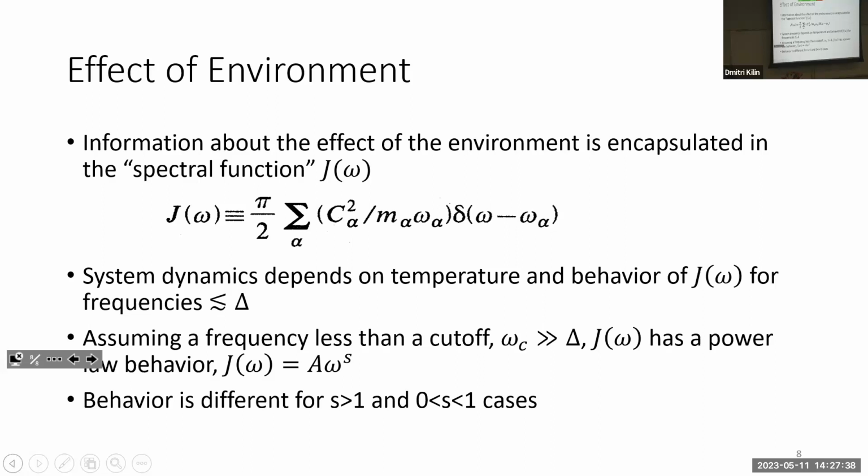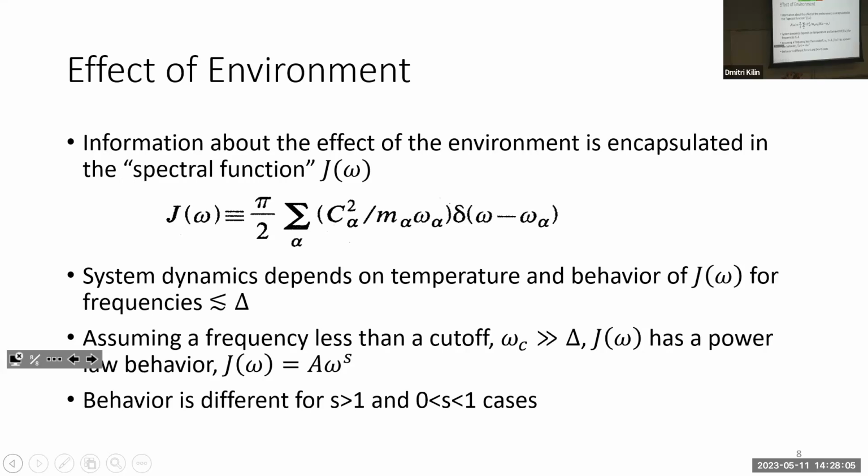It depends on the frequency and how the frequency relates to the tunneling factor. So if we get a cutoff frequency that's significantly less than the tunneling factor, it has a power law behavior, which we can see in this equation.